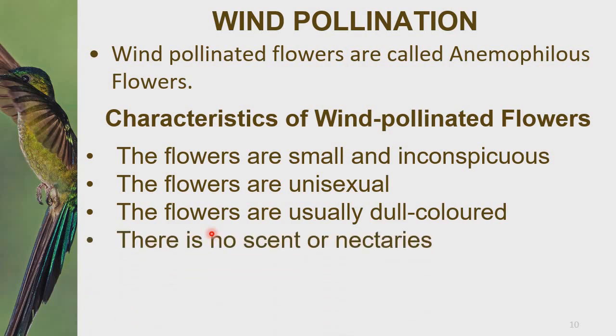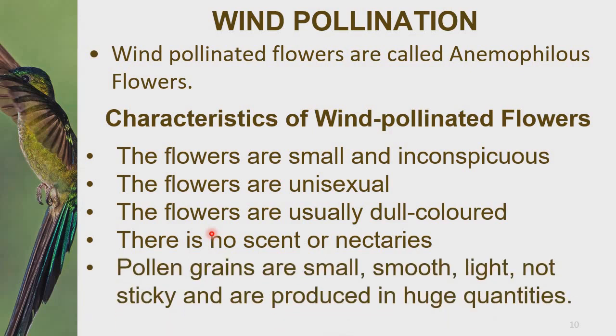There is no scent or nectaries here, and pollen grains are small, smooth, light, not sticky, and are produced in huge quantities, because wind pollination is a wasteful process. The majority of them will be dispersed. They won't reach the stigma. The wind will carry a lot of them away. So they are always small and light, so that the wind can carry them.